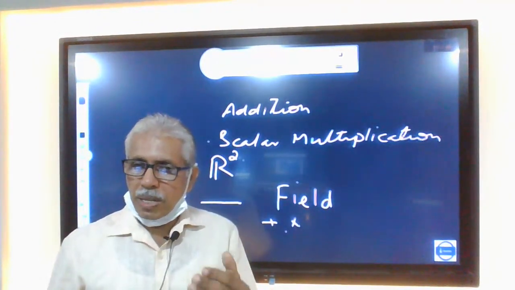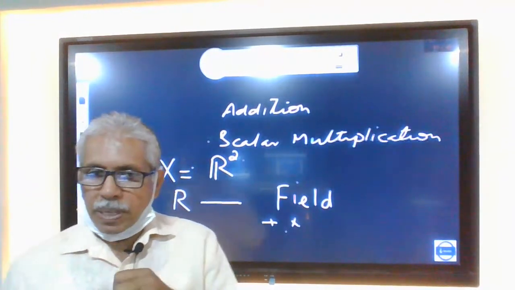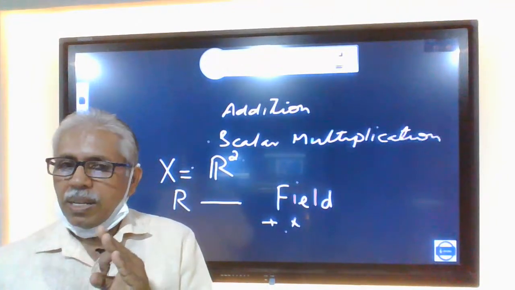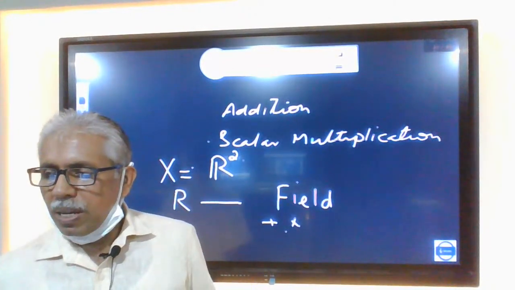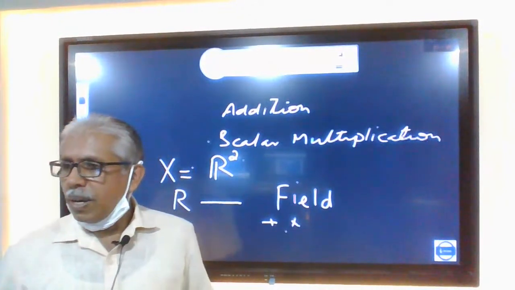So it is a binary operation which is closed and has the properties of associativity, existence of identity, existence of inverse to every element, and then commutativity. And with respect to multiplication, also the same thing happens.